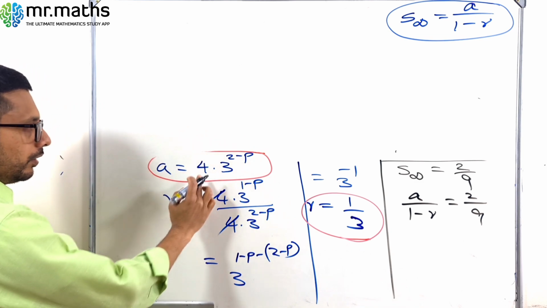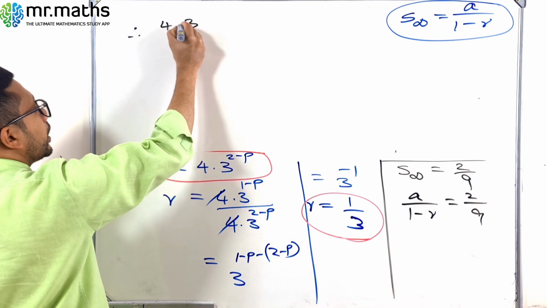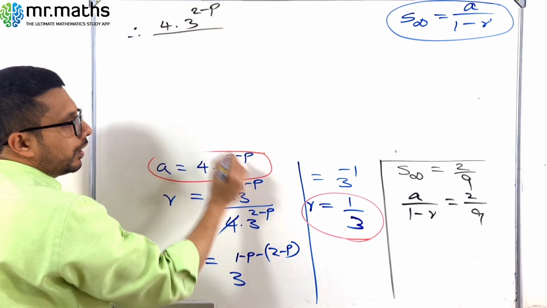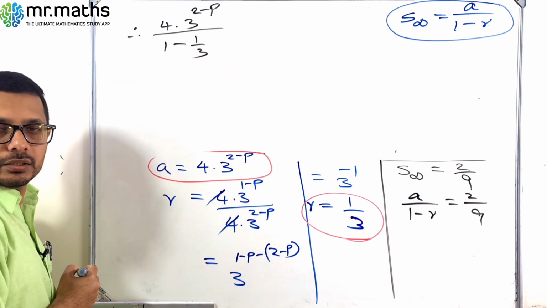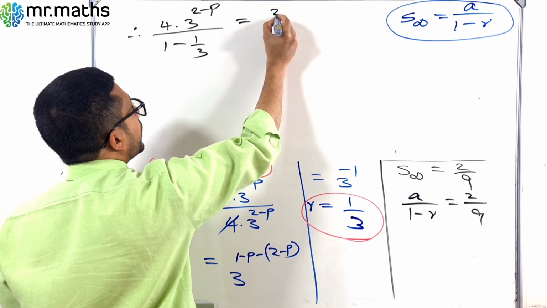What is the value of a? 4 into 3 raised to 2 minus p, divided by 1 minus r, 1 minus 1 over 3. Am I right? 1 over 3 is the value of r, and it is given that this is 2 over 9.